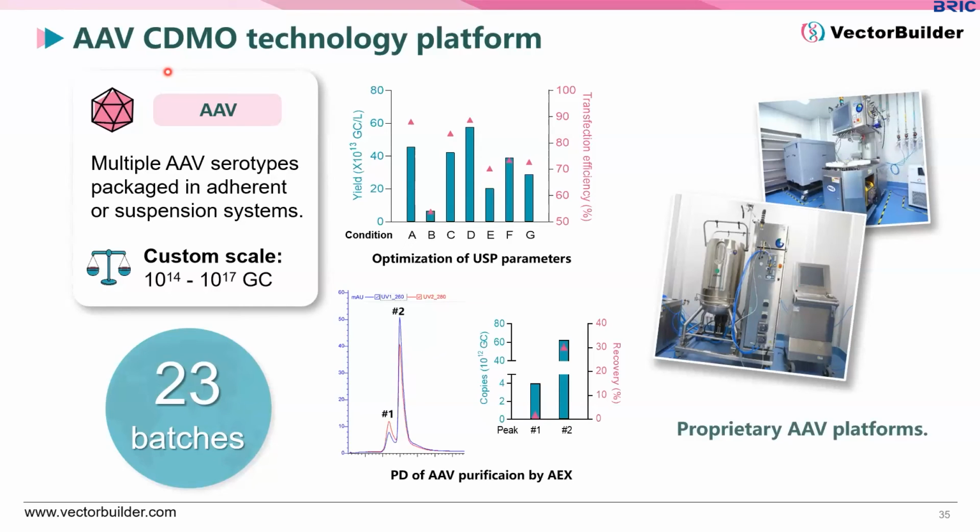Our CDMO team has already done extensive optimization of the upstream process in suspension and also in adherent culture methods. They also developed an anion exchange column strategy that can be scaled up for rapid processing of huge volumes of virus harvest and separate the full capsid from the empty capsid.